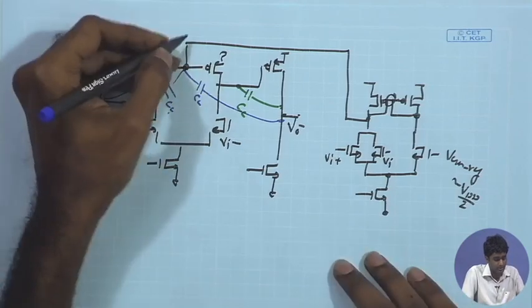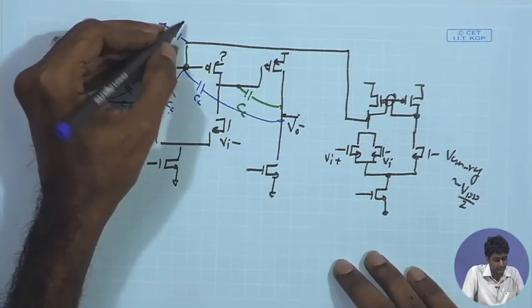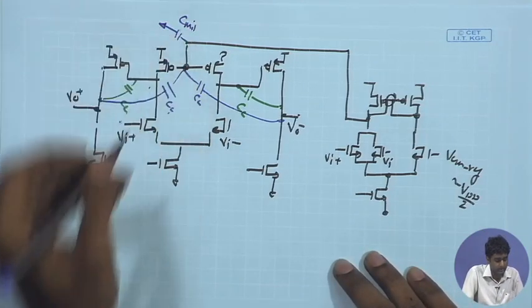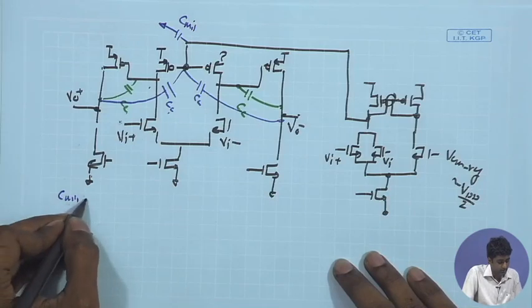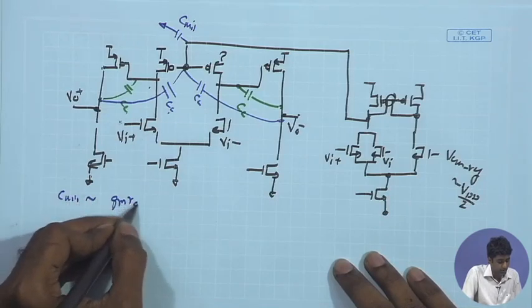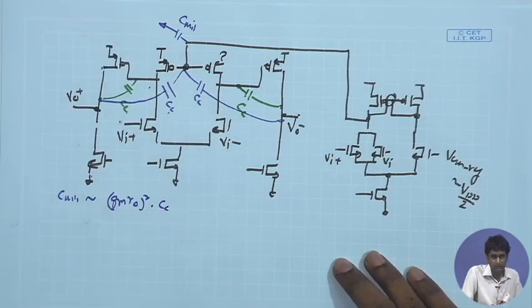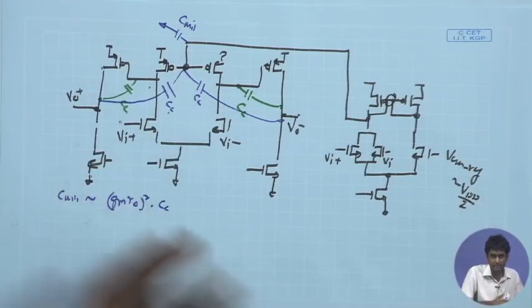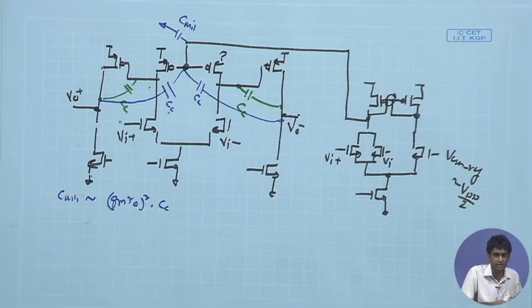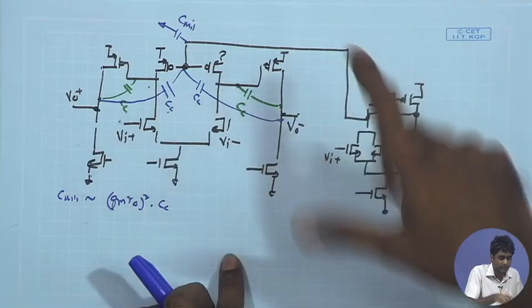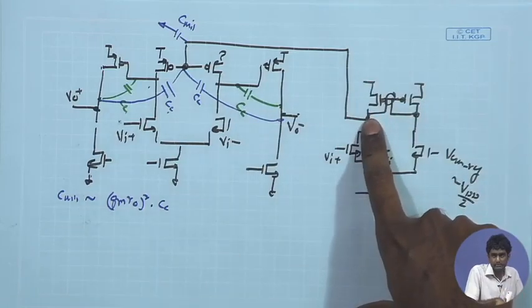So, the effective capacitance that you get over here, C Miller if I call it, will be of the order of GMRO square times the CC, which can be significantly larger, 100 times larger, as compared to GMRO times CC, and it will give us an advantage only if this is a current mirror load.